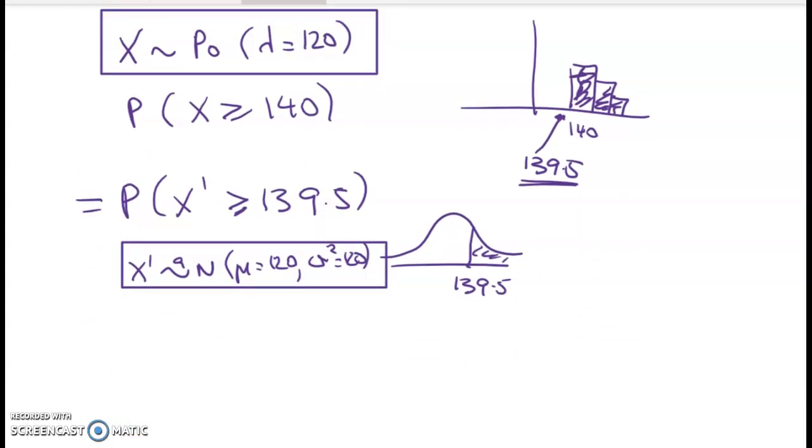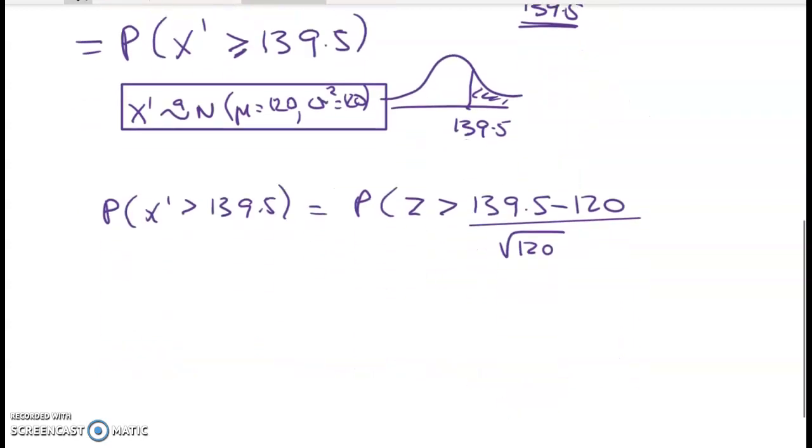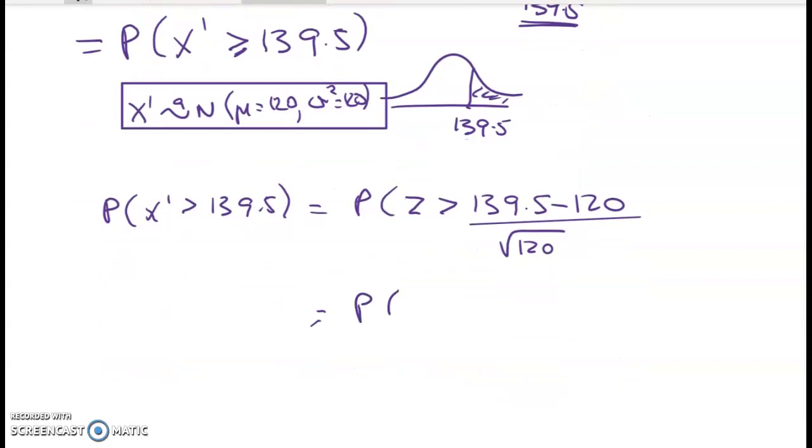And so now I'm back to doing what I did in AS, right? I just want to find the probability that x bar is greater than 139.5. So we standardize and we get the probability that z is greater than 139.5 minus 120 divided by root 120. That works out to be, when I did that, z greater than 1.780.